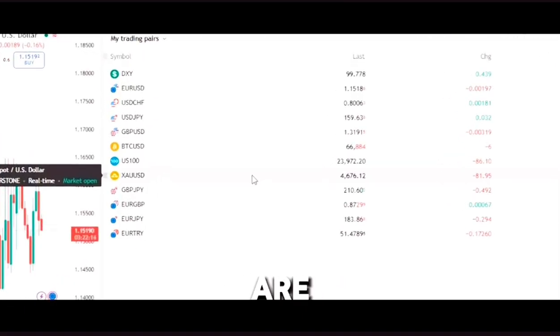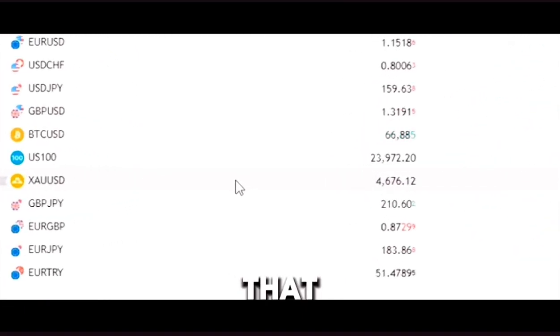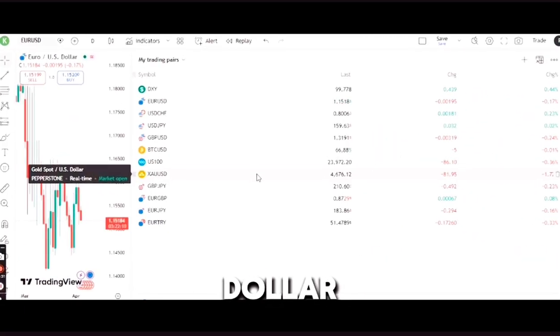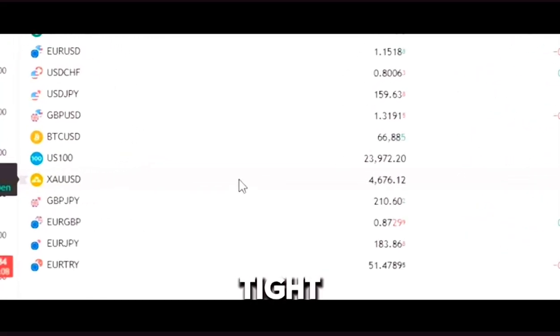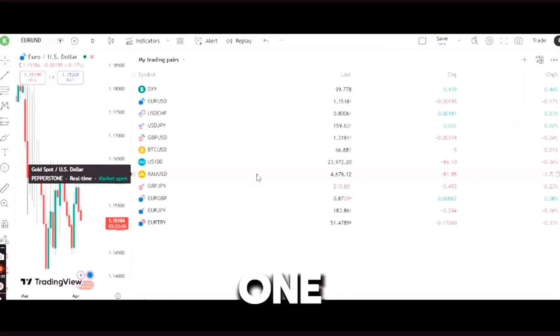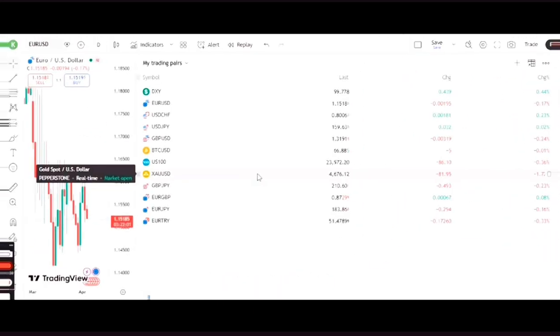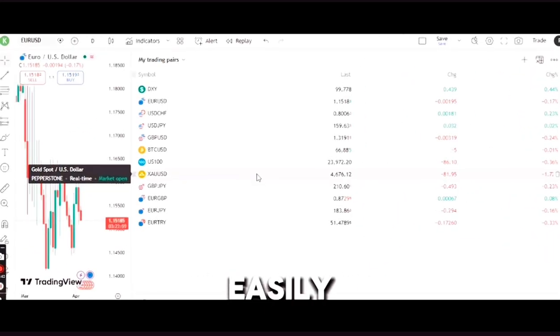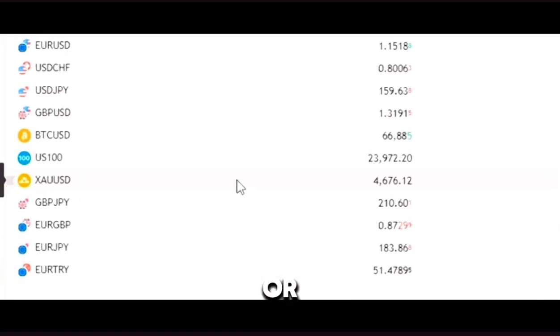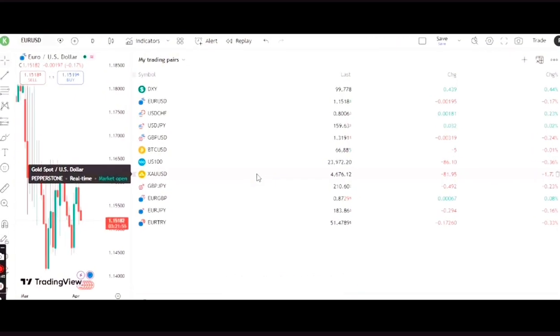The reason why they are called major pairs is, first, they have the US dollar. Second, they have tight spreads. Third, this particular market moves very fast, and they are easily influenced by news or any global events.